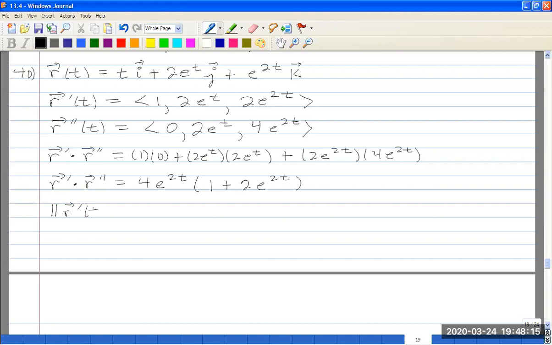So the magnitude, the norm of r prime squared, is going to equal, well, 1 squared plus (2e^t) quantity squared plus (2e^{2t}) quantity squared.